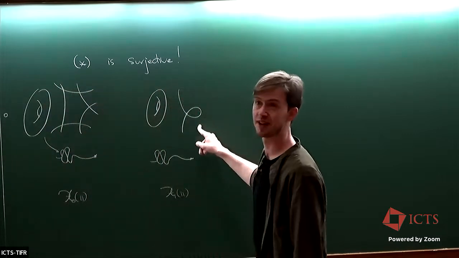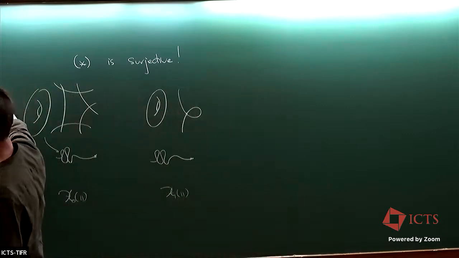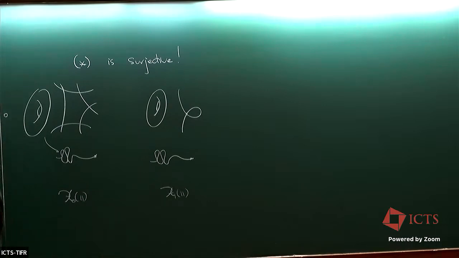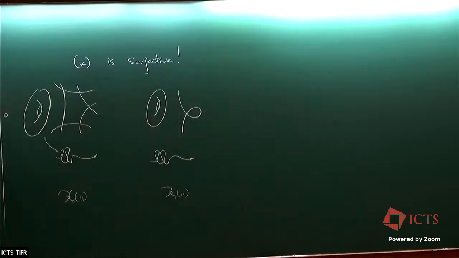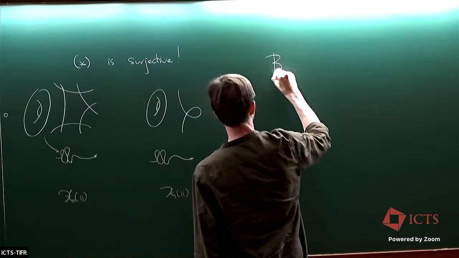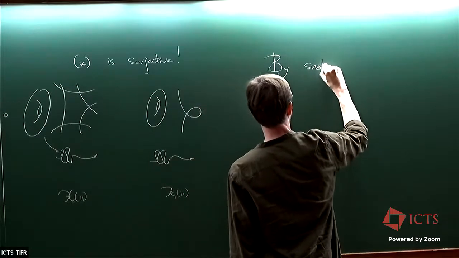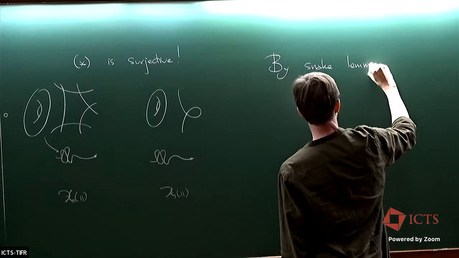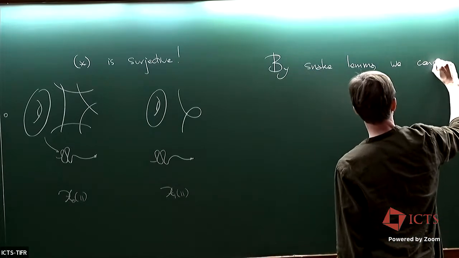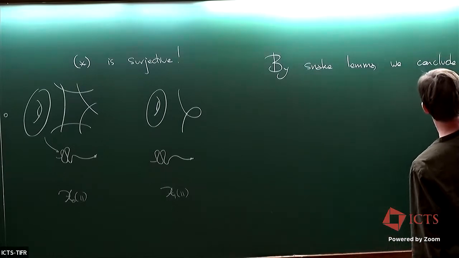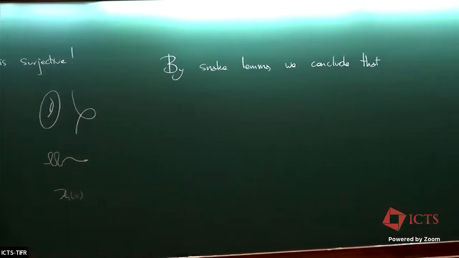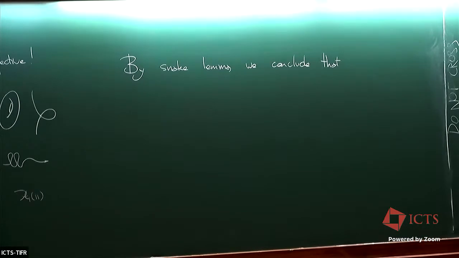This one is a group of order 10. And the kernel here on this side can be at most 5, yeah, because it's a 5-isogeny here. So already, you know, it's got to be surjective. The kernel must be all of Z mod 5. So there's a Z mod 5 here, and this one is actually onto. And so is this one. So by the snake lemma, we conclude that also this group here is actually trivial.